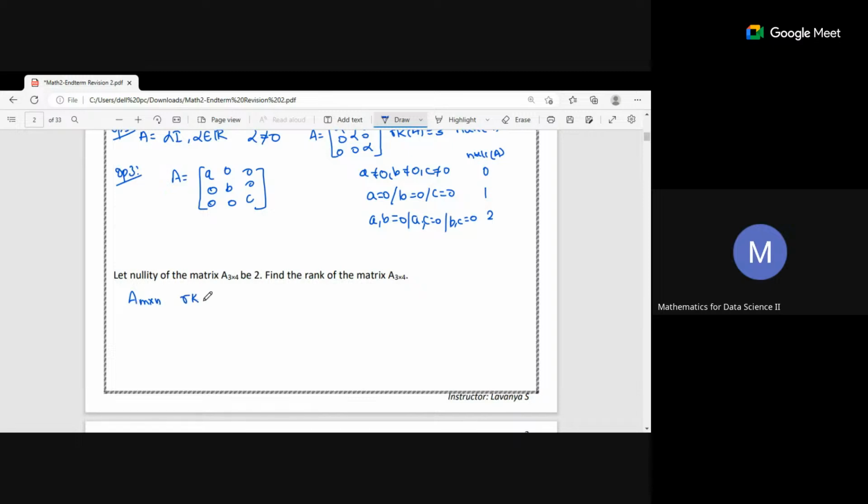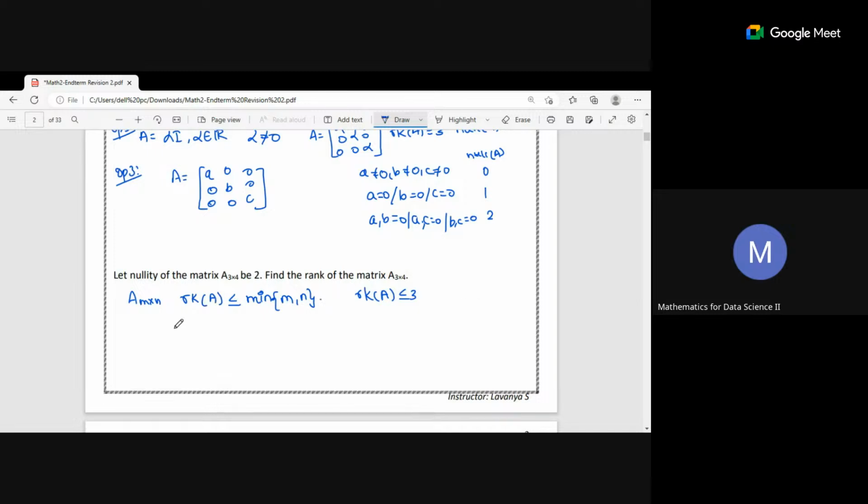For any m by n matrix, what do you know about the rank of A? It should be less than or equal to minimum of m, n. So now here, what can you straight away tell about the rank of the matrix? Rank of A is less than or equal to 3. This is the first observation.